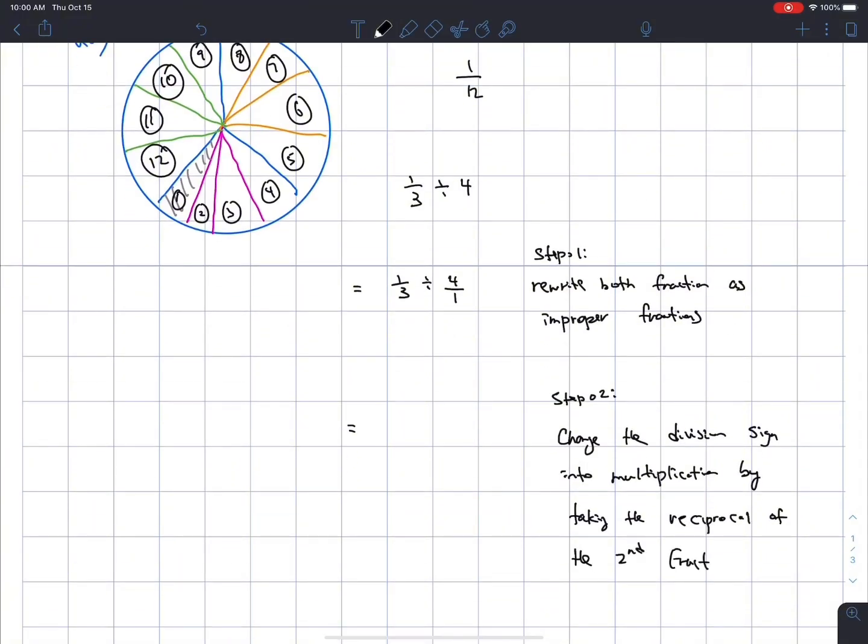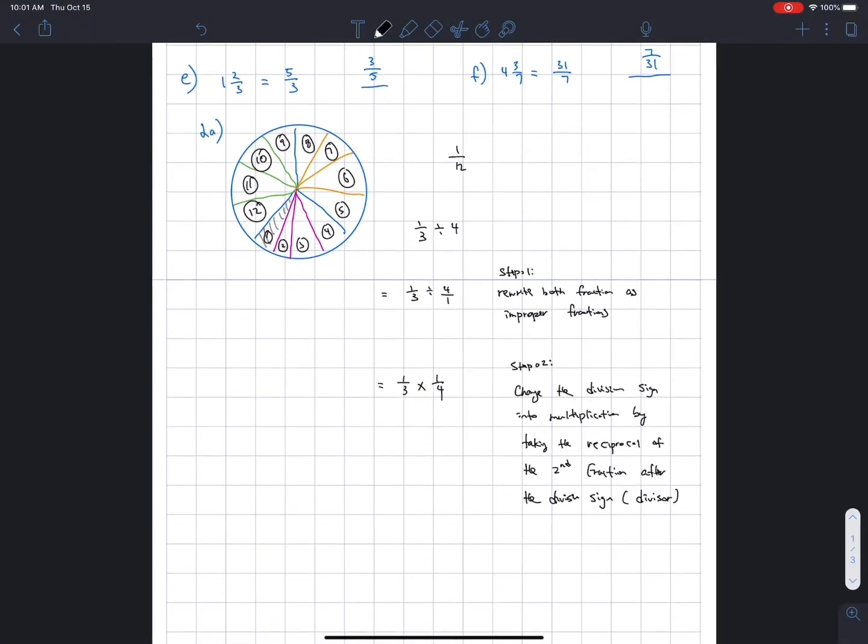Now, this second fraction after the division sign has a name in math. It's called a divisor. So we really just change it into a multiplication problem by taking the reciprocal of the divisor.